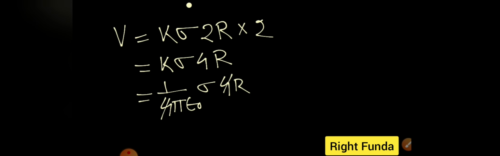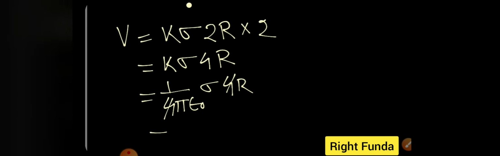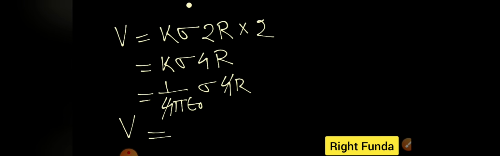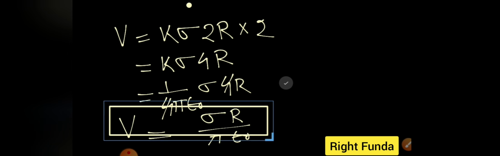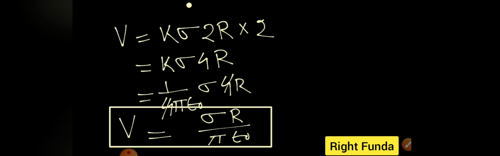Then my 4 gets cancelled and I am left with the potential due to a disk at a point on its periphery equal to sigma R by pi epsilon naught. This is the value we obtained at the periphery of the disk.